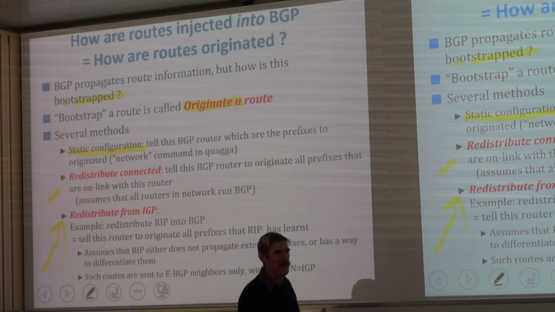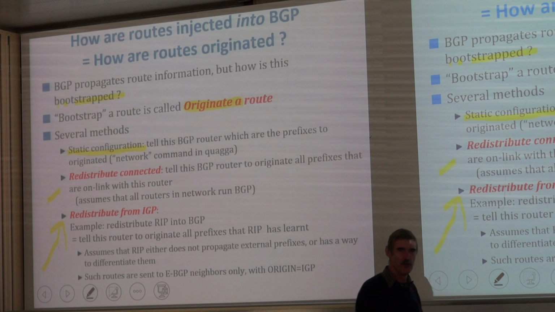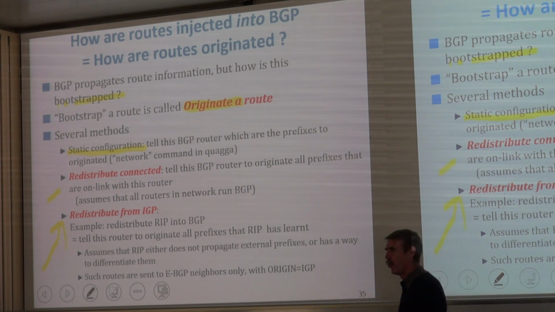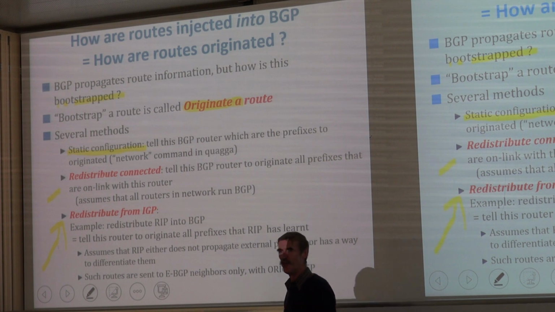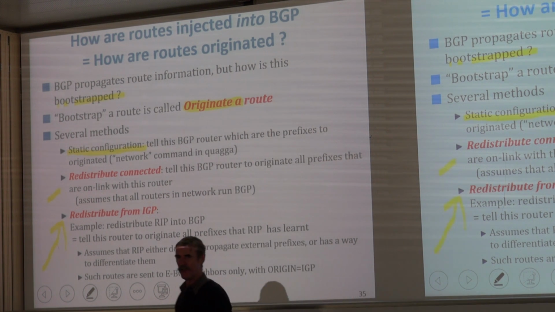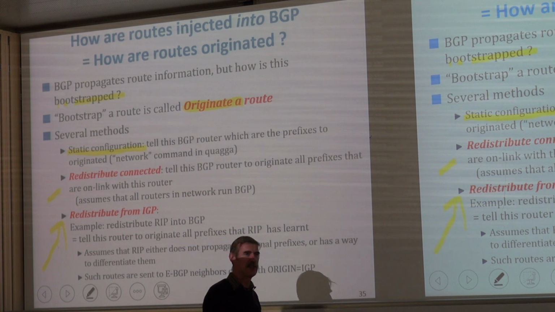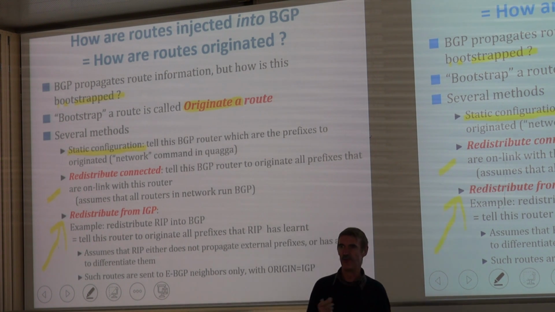Now, what is the most natural thing to do? You are a domain. You run your RIP or OSPF. Through this mechanism, all routers in this domain know all the routes that exist locally in this domain. Then it makes sense to say to BGP, here are all the routes that exist in this domain. And this is called redistribute.